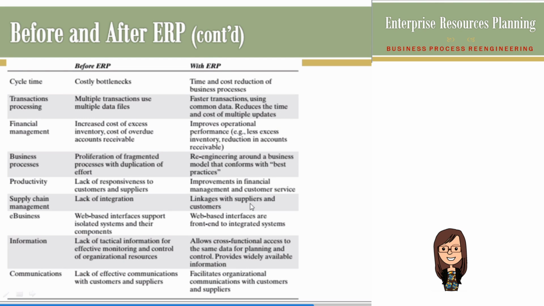But if, let's say, our data inside the company is still messy, still in silos, how can we connect properly with the other company, right? So that's one of the advantages when we use the ERP system.